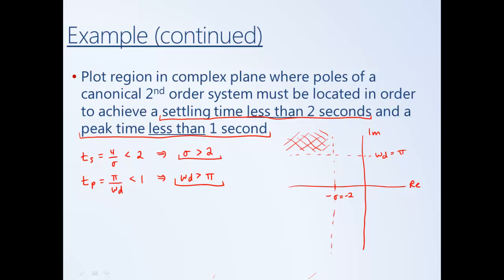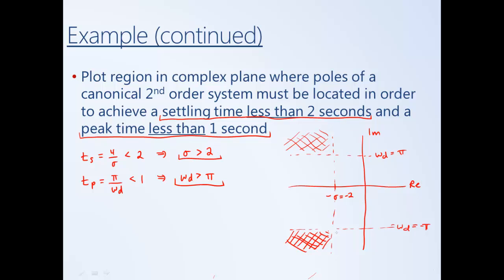So if we had complex poles for a canonical second order system, we would want one of our poles to be located in this section. Since complex poles always come in conjugate pairs, that means that we will also want a pole in the region reflected across the horizontal axis.